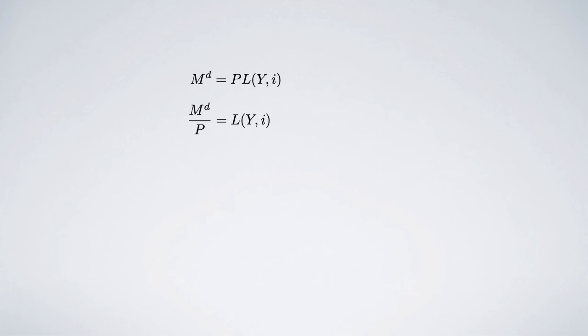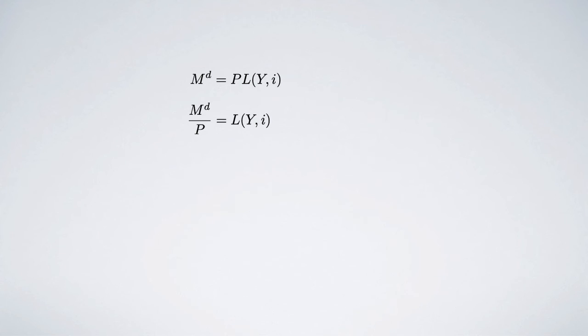In this case, you can see that the money demand divided by the price level simply represents L, which is the number of baskets bought in each transaction. If you look at the right-hand side, this number represents money demand divided by price. So actually, a lot of the time we call L the real money demand.